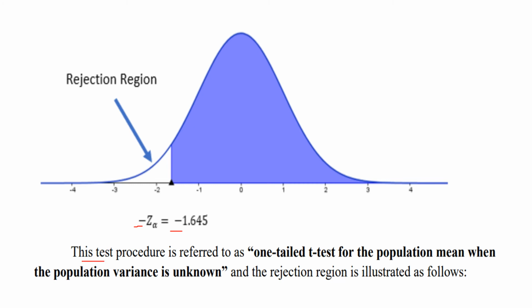This test procedure is referred to as a one-tailed t-test for the population mean when the population variance is unknown. It's a one-tailed t-test because we only consider the left side of your normal curve for this test statistic. And the rejection region is illustrated as follows.